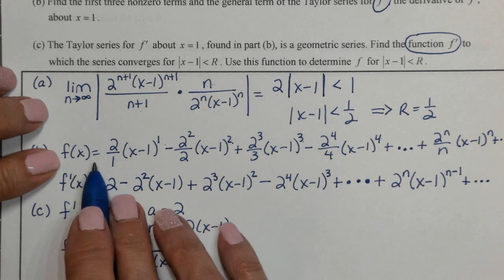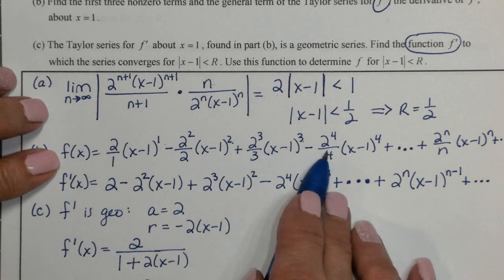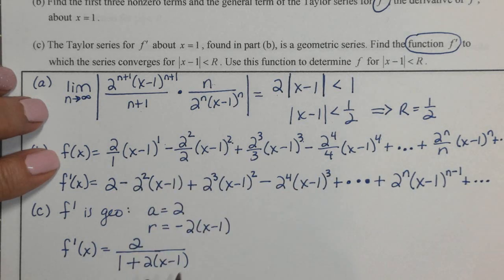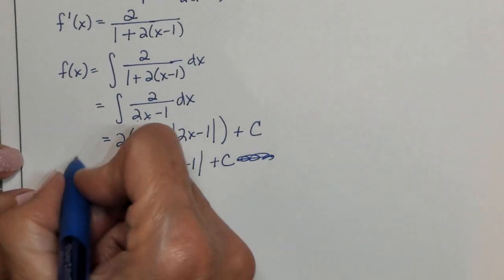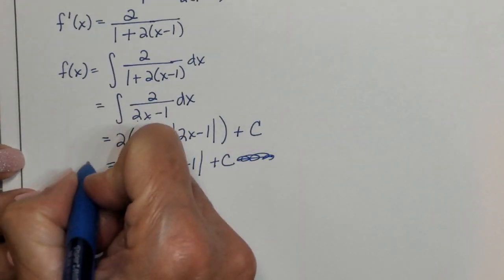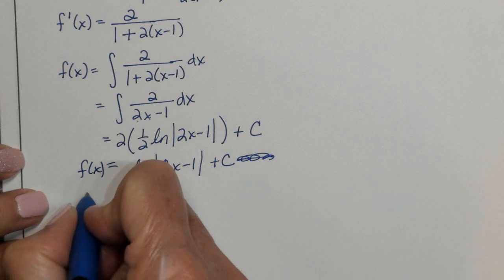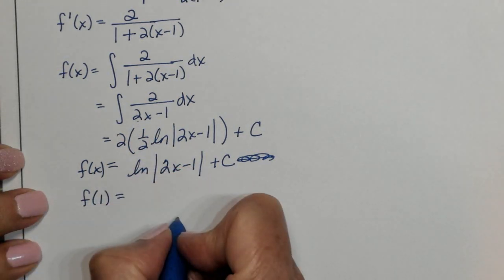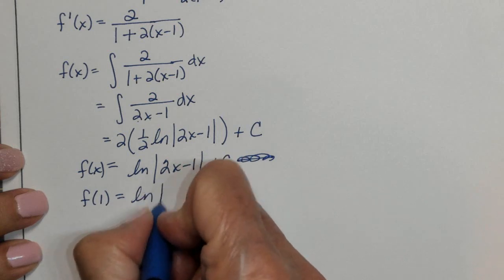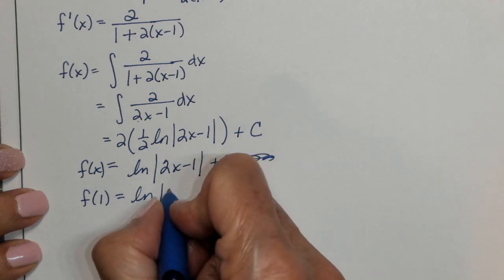f of 1, if I put a 1 in place of every x, f of 1 is 0, isn't it? So down here, this is f of x, but I know that f of 1 is 0. So if I put a 1 in for x, I should get 0 here.